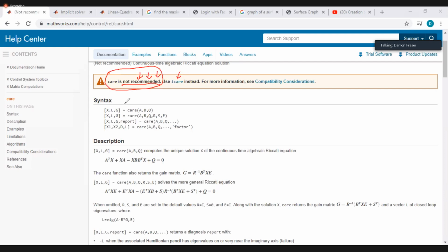So I will go to this function after I explain what the care function is. I'm not sure why it's not recommended. Well, yeah, I know why, but let me explain what this is now.